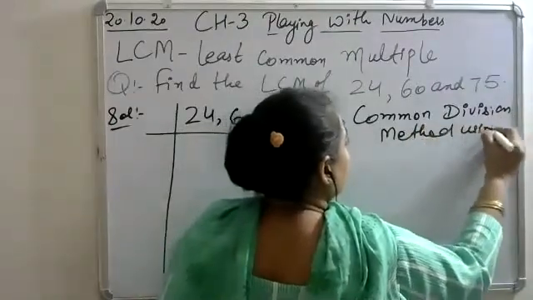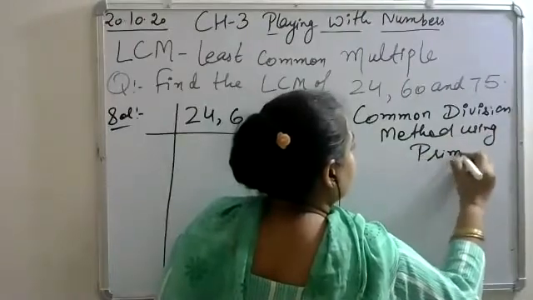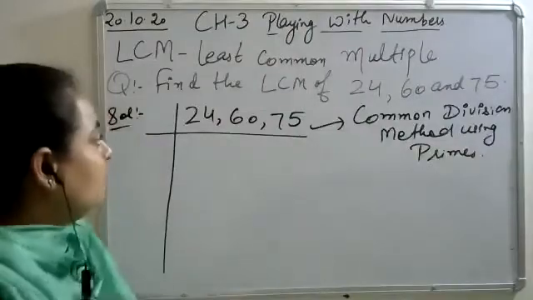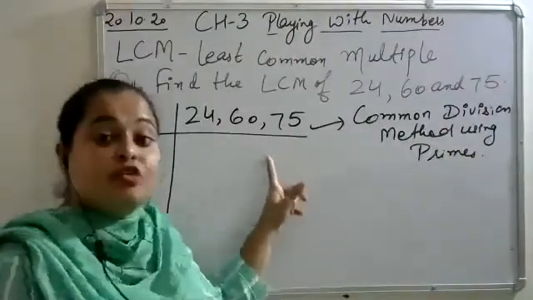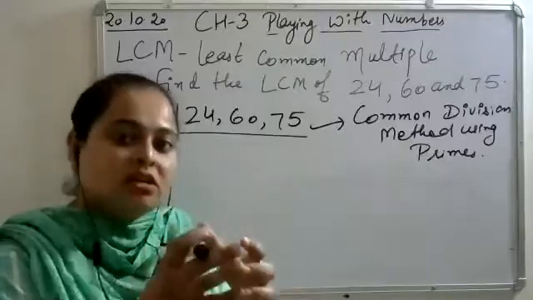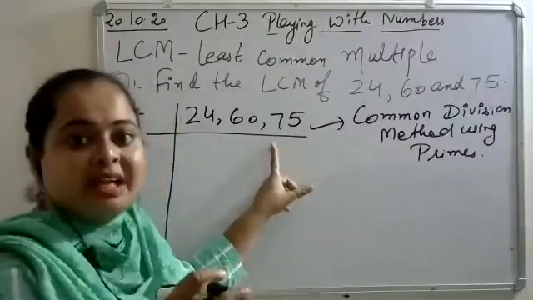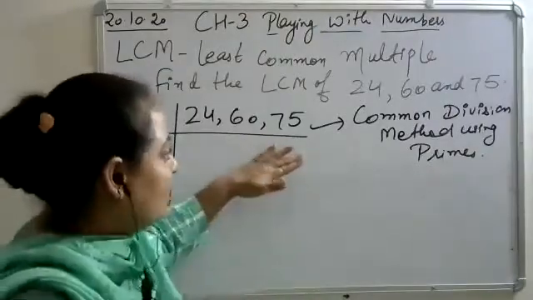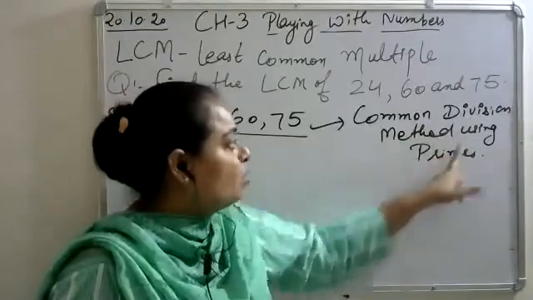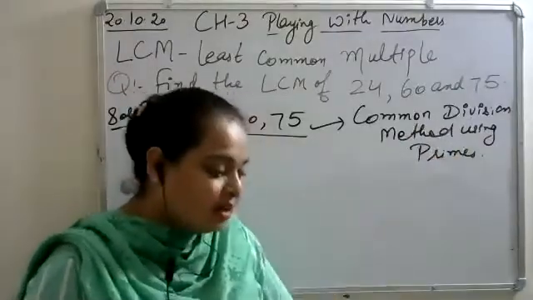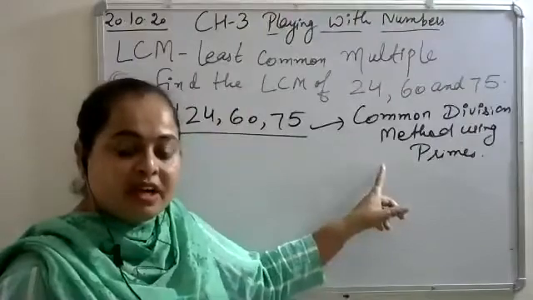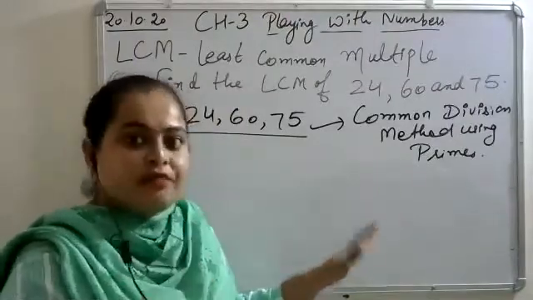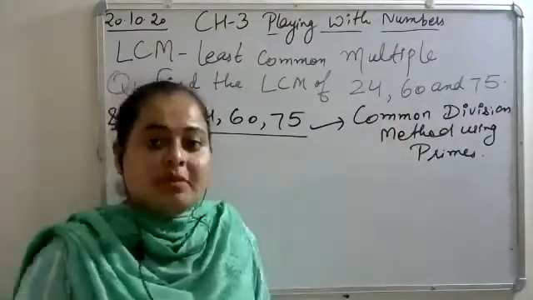Common division method using primes. The name of the method in which you put all the numbers together is not the prime factorization method. The method is common division method using primes. So Jalashveer, listen to this concept very carefully. This is the difference between prime factorization and common division method.